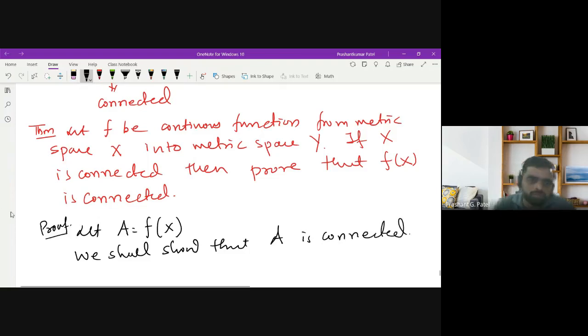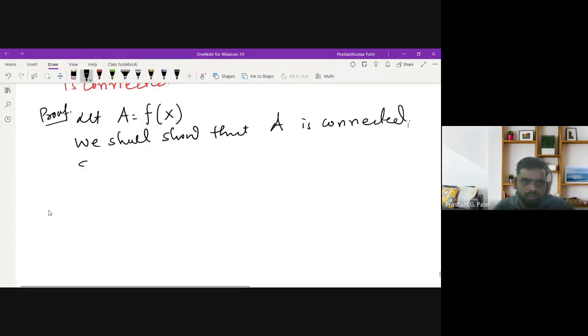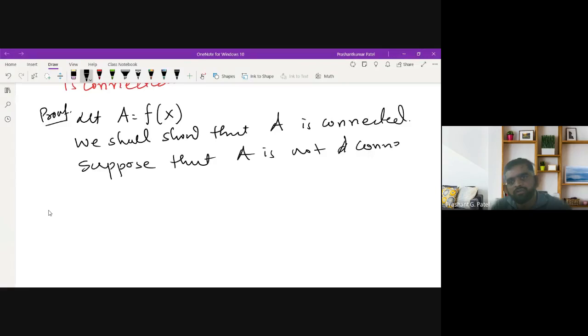Suppose not. Suppose that it is not connected. Not connected means it is disconnected. That means there has to be a separation.